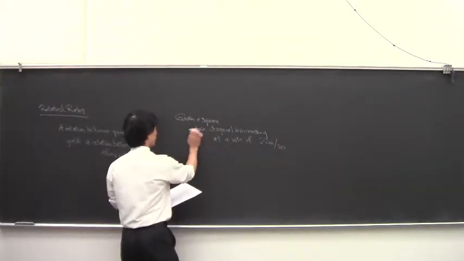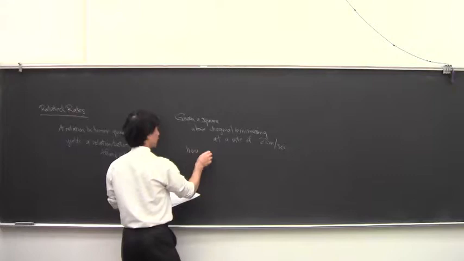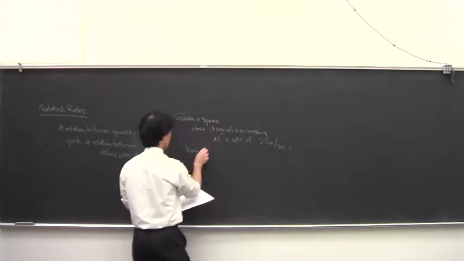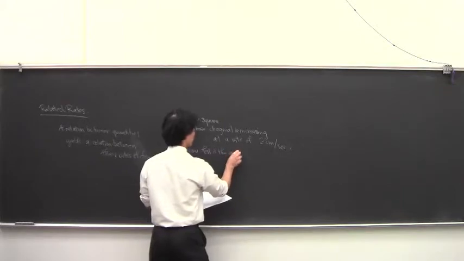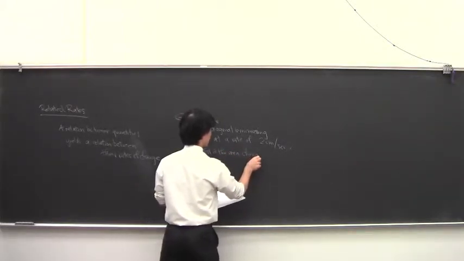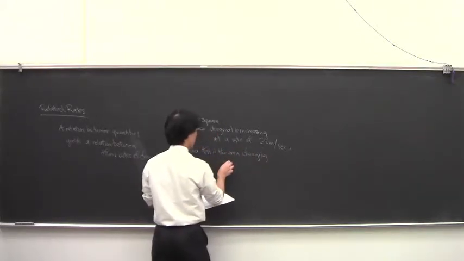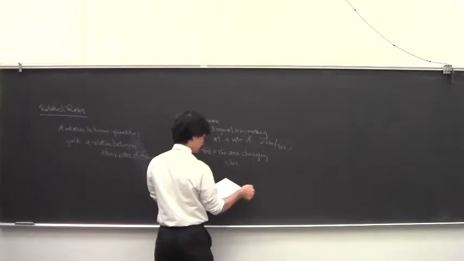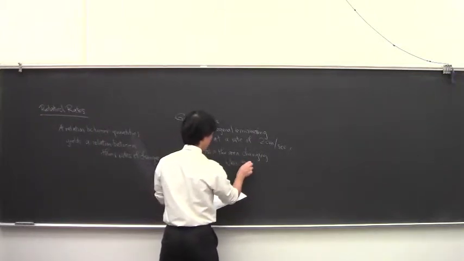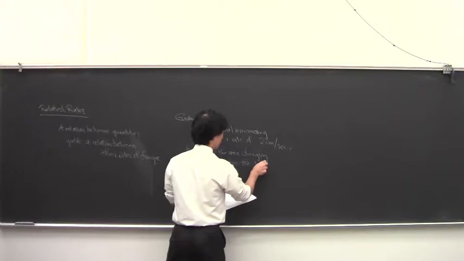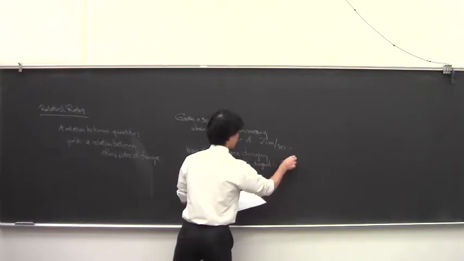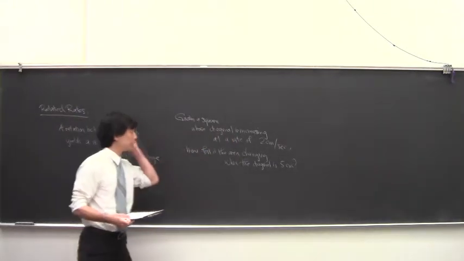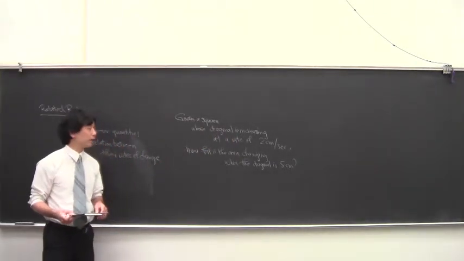How fast is the area changing when the diagonal is 5 centimeters?